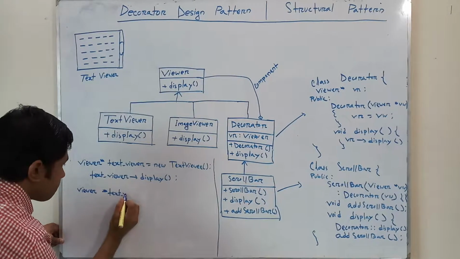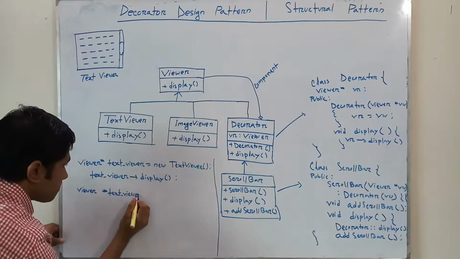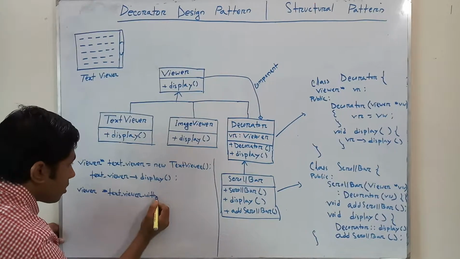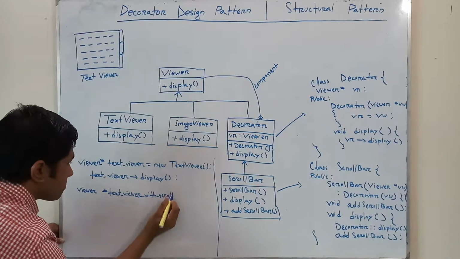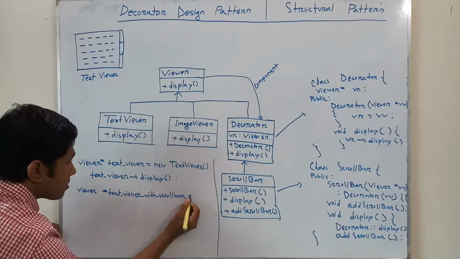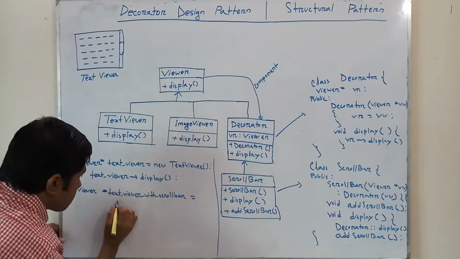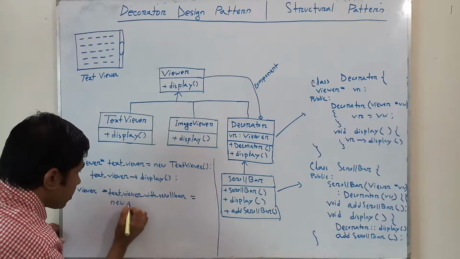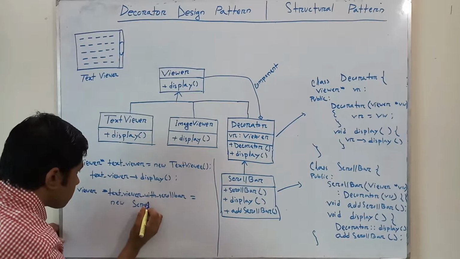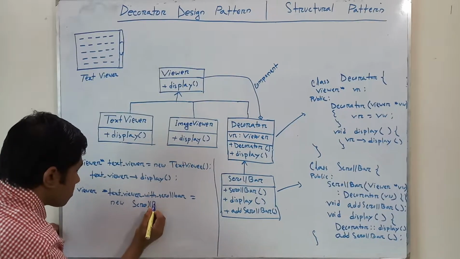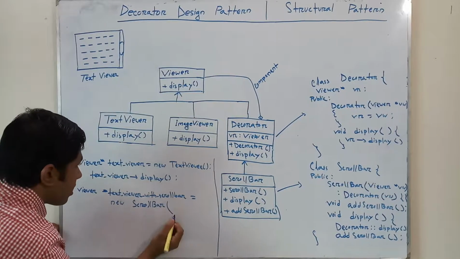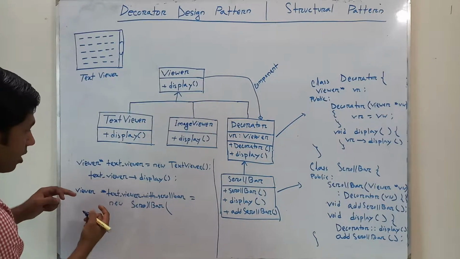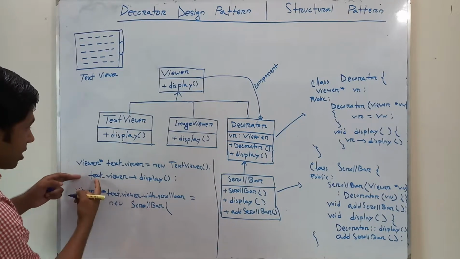Viewer textViewerWithScrollBar equals new ScrollBar, and we pass our text viewer object to wrap the text viewer and add the behavior to it.